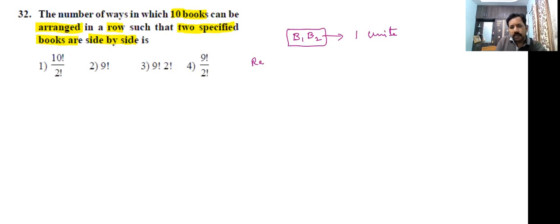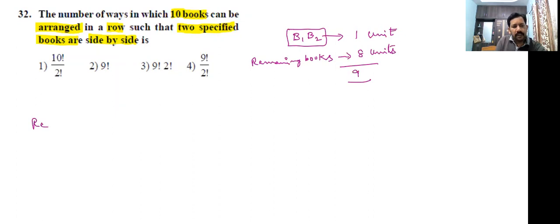Remaining books. How many are there? Remaining, there are 8 books. 8 books are treated as 8 units. Okay. Now total how many units are there? Total 9 units.